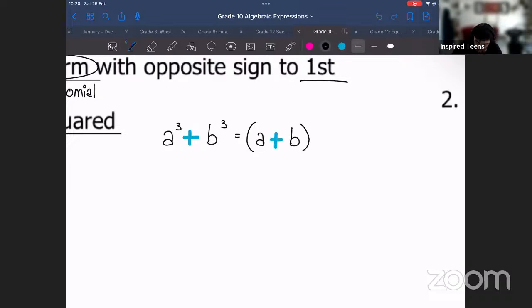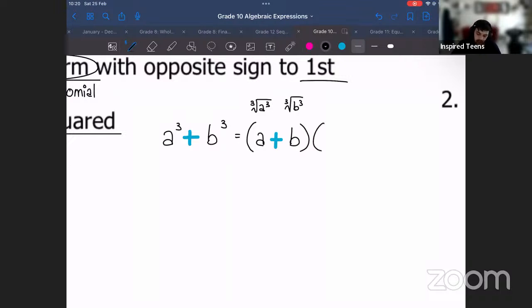How do you get a? How do you get from a cubed to a? You cube root it, of course. So it's basically the cube root of the first term, and the cube root of the second term.